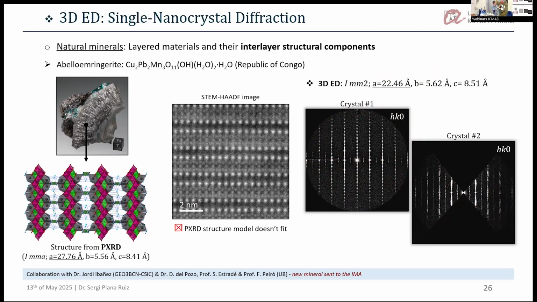Therefore, the position of the layers is not fully periodic, but it has some movement, some difference that makes the diffraction pattern not coherent in that direction, and that's why we see these diffuse streaks. However, we managed to avoid that somehow, and we could obtain a structure model that finally explained this STEM HAADF image quite nicely.